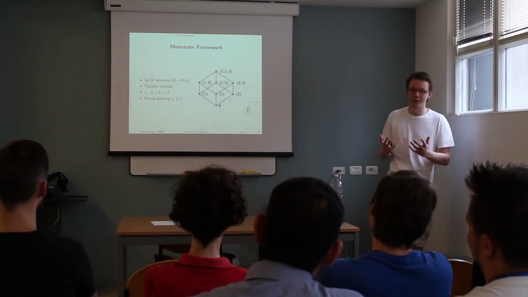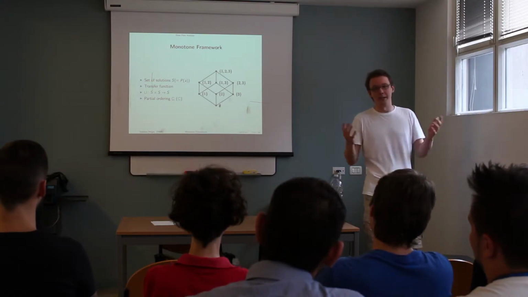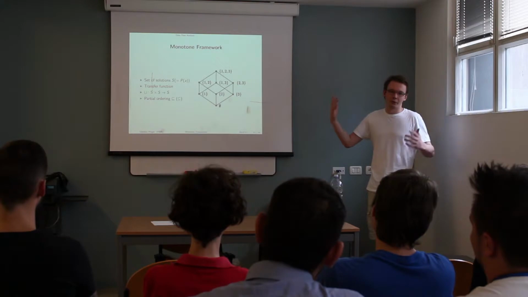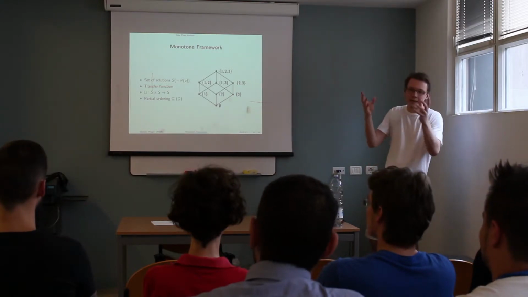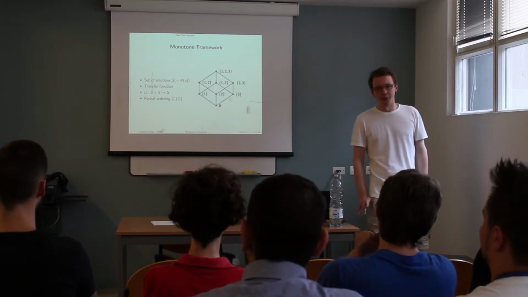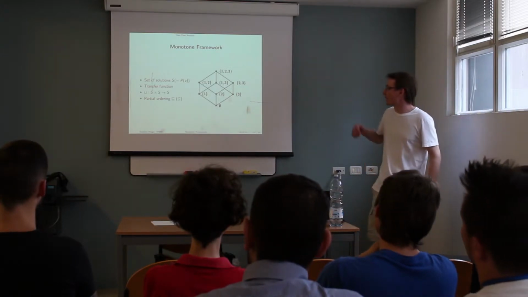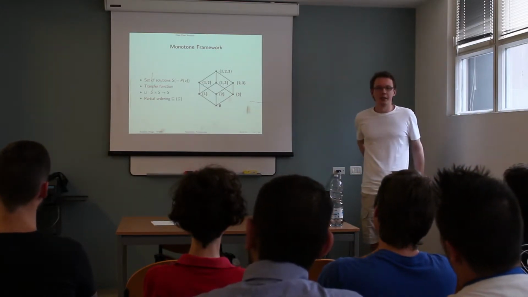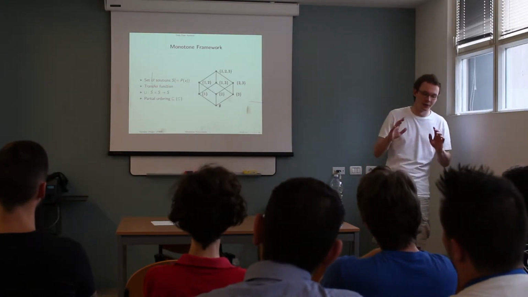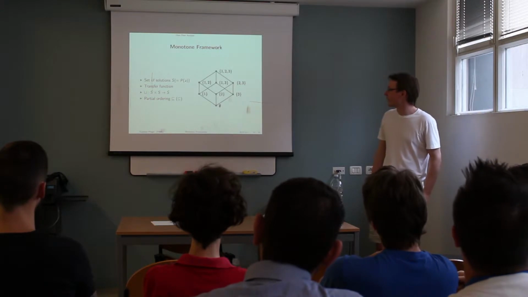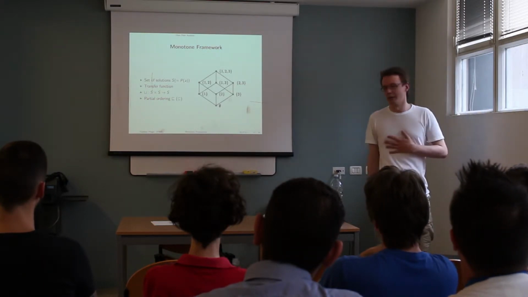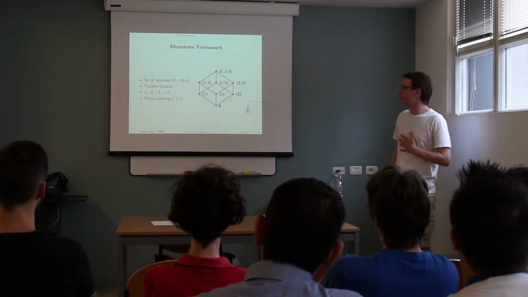You have the empty set, so you might have a solution where a has actually no value, or you can have the value 1, 2, 3, or any combination of the values 1, 2, or 3. In that case, this is actually the power set of the underlying values, but it's not necessary in every monotone framework.